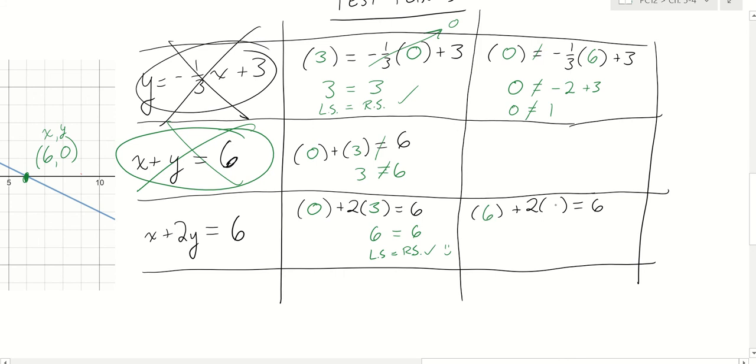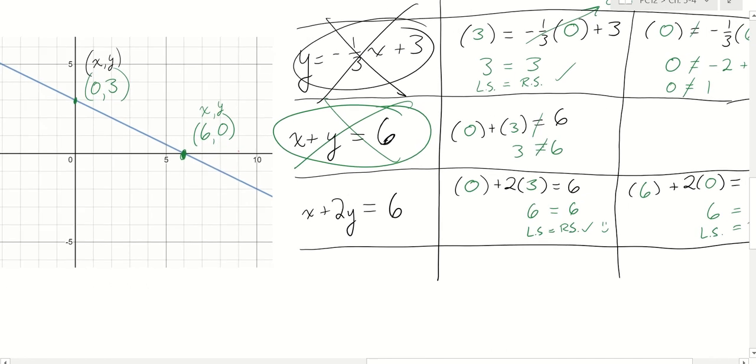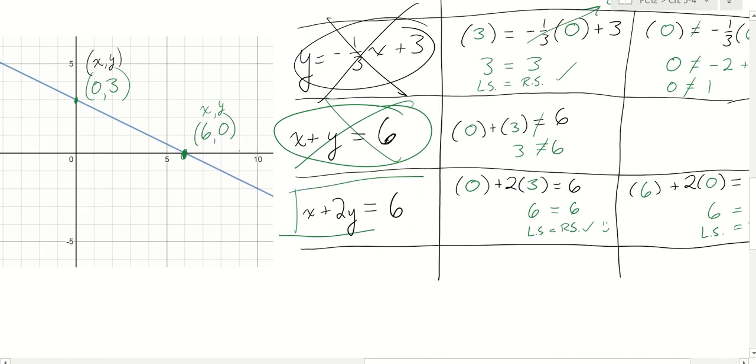Well, when x is 6, y is 0, so says that line. And 2 times 0 is 0, so we have 6 is equal to 6. Hey, there you go. The left side is equal to the right side. Again, we are doubly encouraged and, in fact, confident and sure that this is our match.